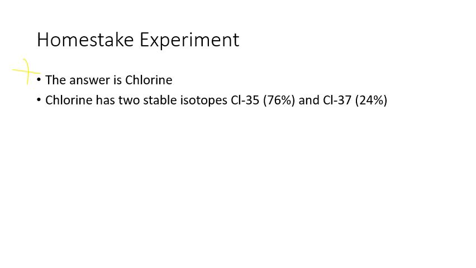Chlorine's got two stable isotopes. If you're a chemist, you know that chlorine's atomic mass is 35.5. And that 35.5 is because chlorine on Earth is made up of these two isotopes, chlorine 35 and chlorine 37. And on Earth, not necessarily the same everywhere else, but on Earth, they're in the ratio of 76 to 24.